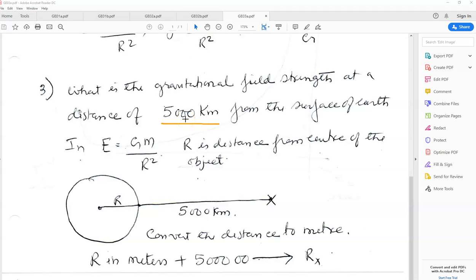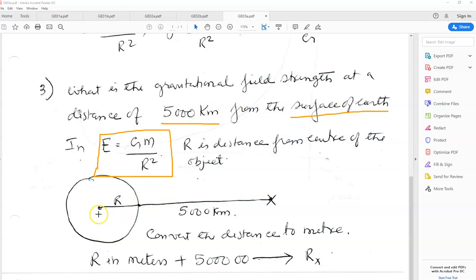You have to convert this into meters. Then this distance is from the surface of the Earth. This formula is g = GM/r². The distance is always from the center of the object, whereas in the question they have given the distance from the surface of the Earth.